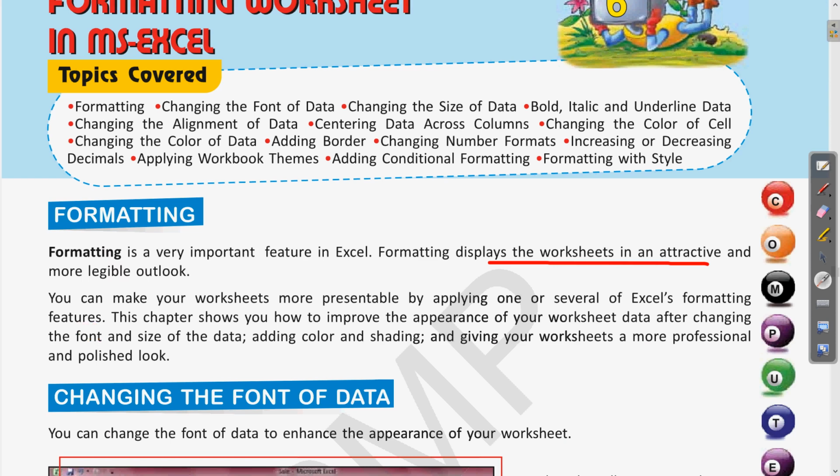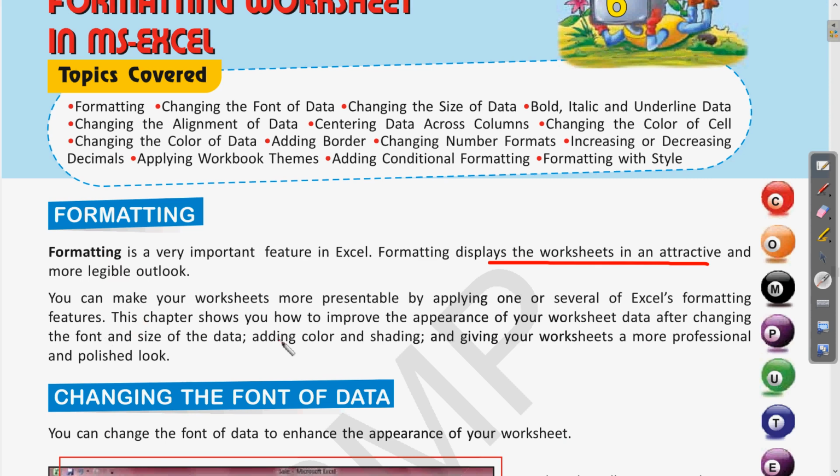Then you can make your worksheet more presentable by applying one or several of the Excel formatting features. So in different worksheets of a workbook, we can apply various formattings together. Clear? We can also change the color, we can also change the style. So in a same worksheet, the various formatting things can be done together.